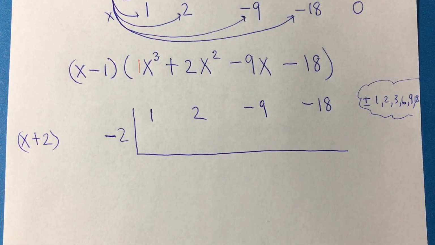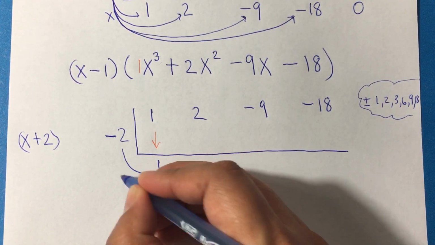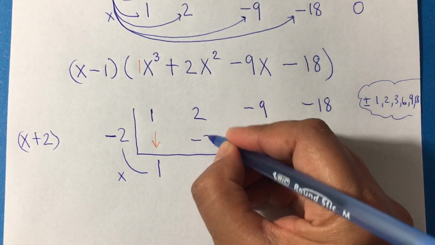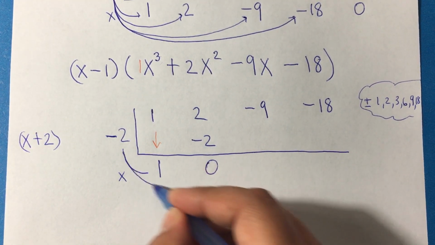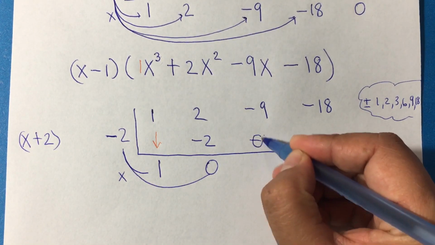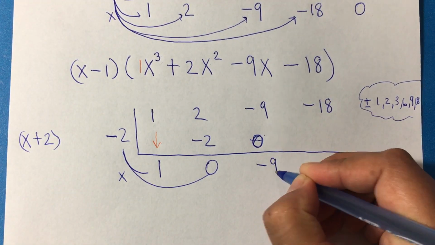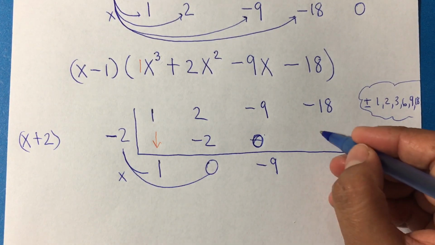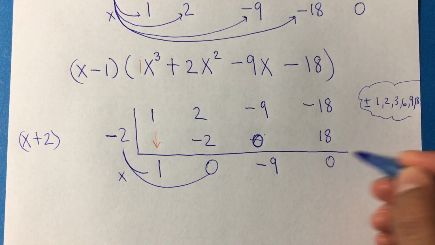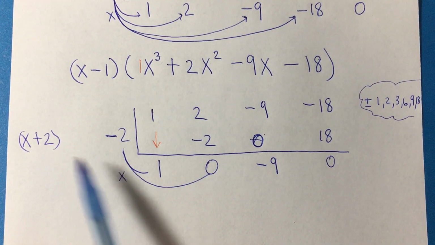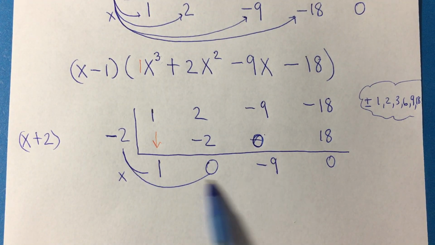And so I bring down the 1 and start multiplying. Negative 2 times 1 is negative 2. Combine, we get 0. Negative 2 times 0 is 0. We combine them, it's negative 9. Negative 2 times negative 9 is positive 18, and negative 18 and positive 18 is 0. So yeah, that's another factor. And these are my 3 values for the next polynomial.